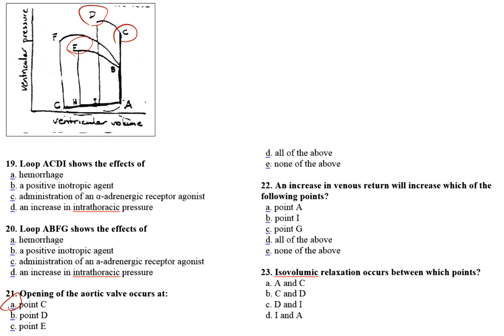An increase in venous return will increase which of the following points? Venous return is going to increase end diastolic volume. So remember, that's EDV. You can also think of end diastolic pressure, and you can also think of central venous pressure.